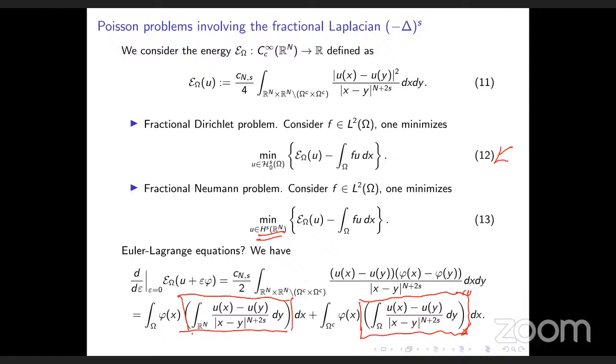And therefore this term disappears. However, if I let phi vary in Rn, then I will obtain a kind of Neumann boundary condition, which was introduced by Dipierro, Ros-Oton, and Valdinoci.